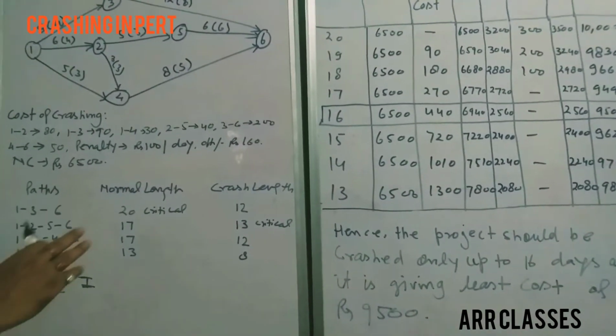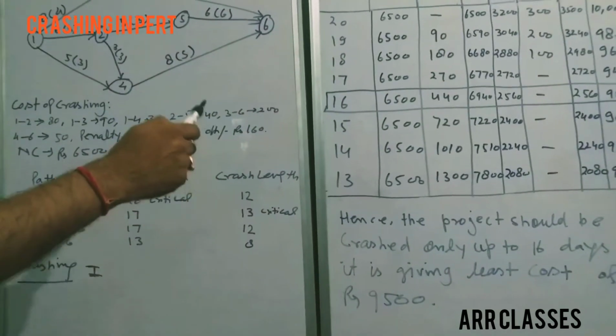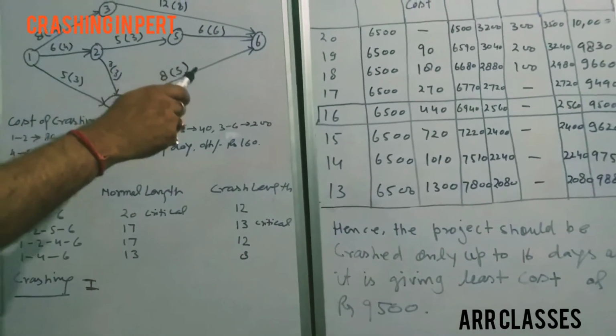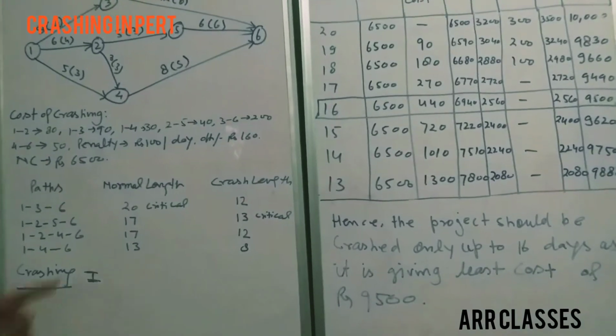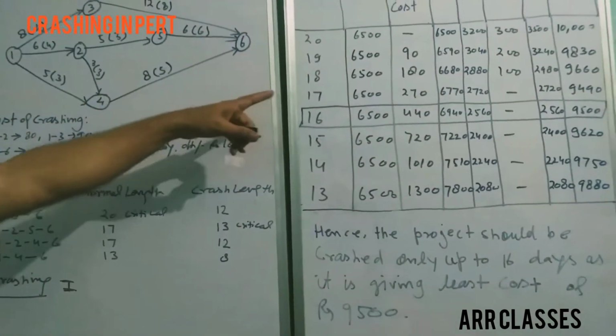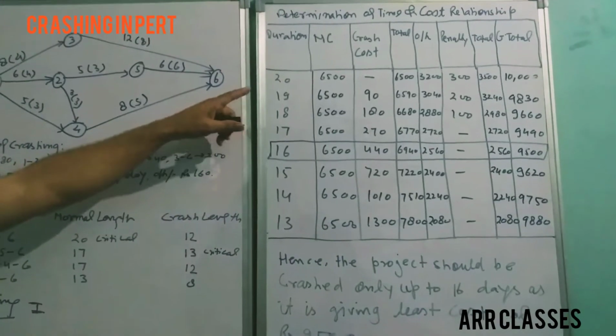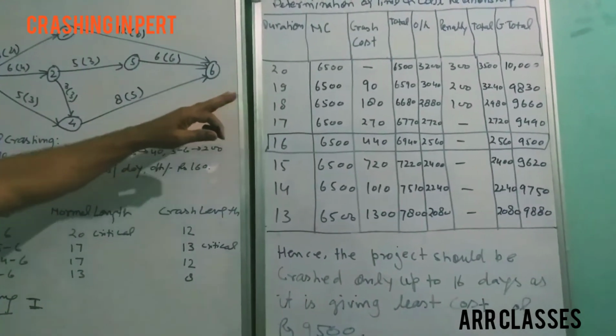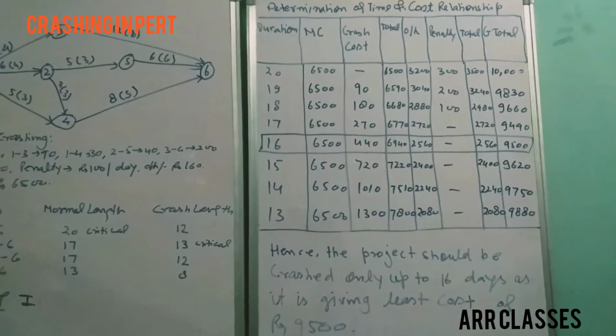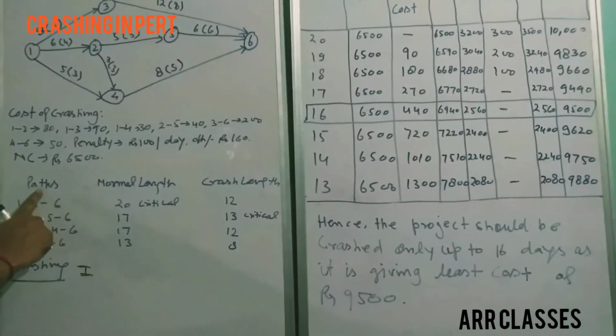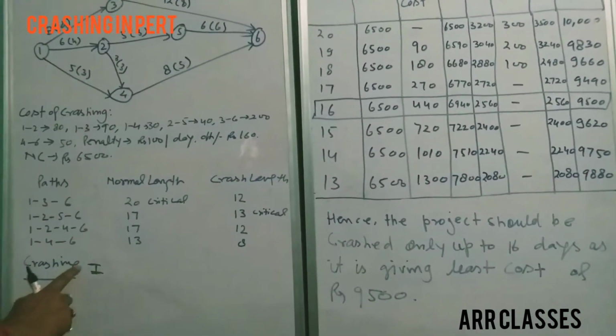So on that board I have shown here the determination of time and cost relationship, wherein at each activity, at each duration, taking the normal length of the different possible paths into account.